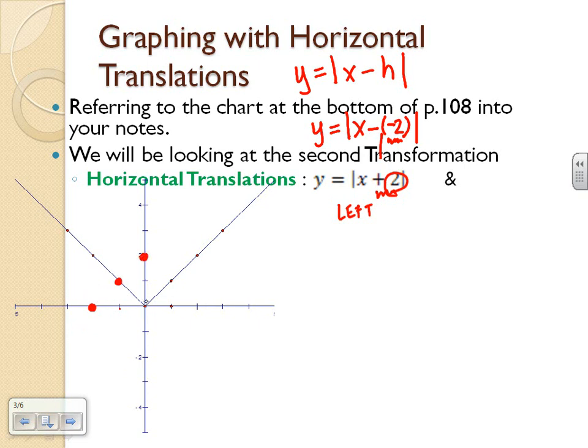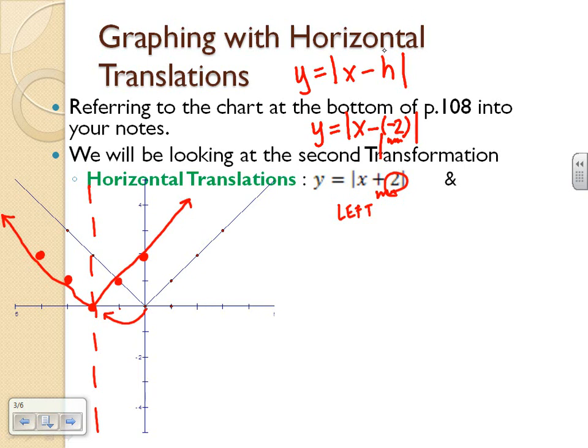This time, our axis of symmetry has shifted with our vertex and is now running through the vertex at x equals negative 2. So that once again, whatever happens on one side of the axis of symmetry is equally happening on the other side. Draw our V shape. And now we have a graph that has shifted left 2 units.